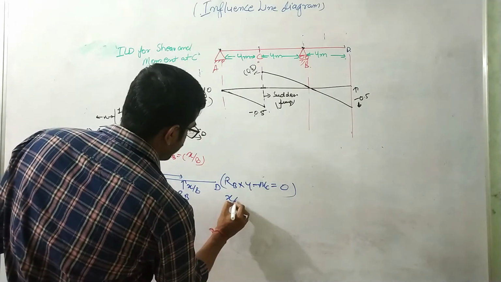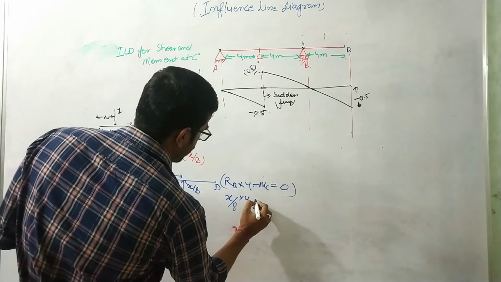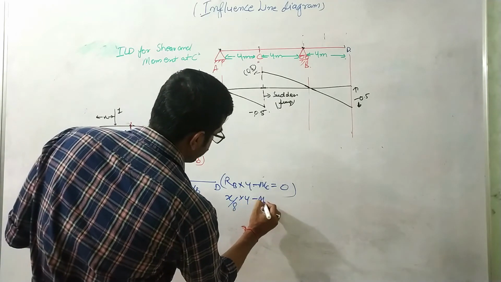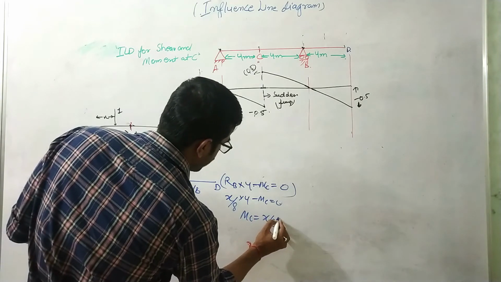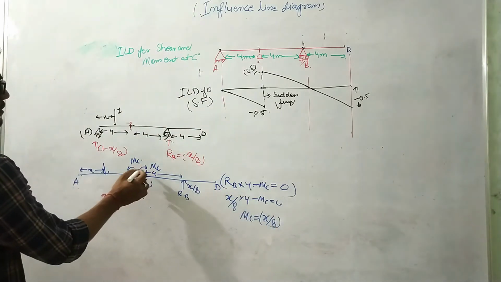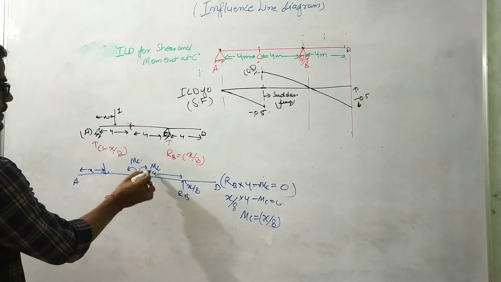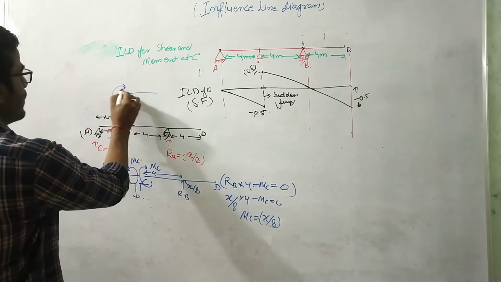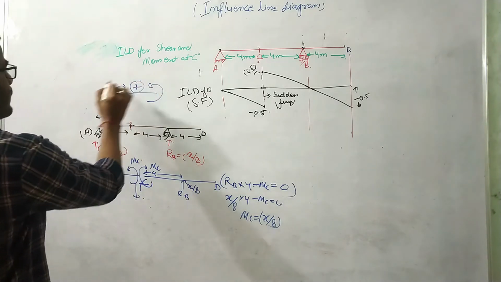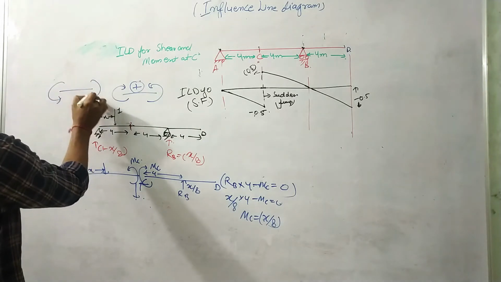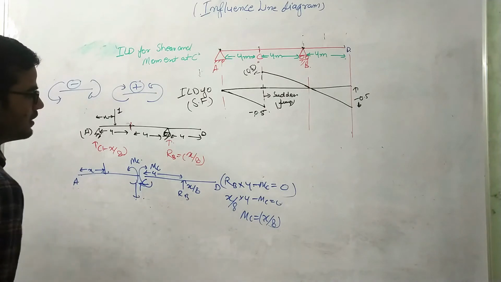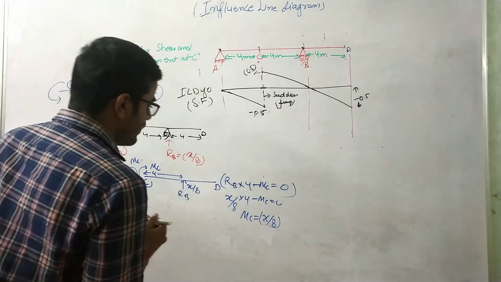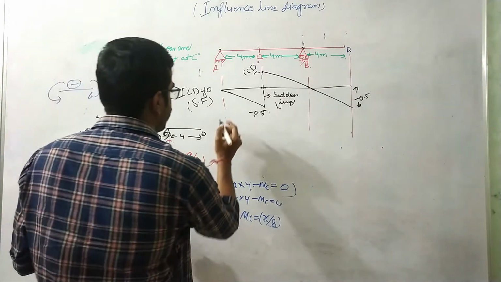RB is x by 8 into 4, minus MC equals 0. So I can write MC equals x by 8. And the direction of MC is coming positive. These moments are producing sagging, so these are considered positive bending moments. These are considered negative bending moments, right? So this is our sagging case. So this moment MC is positive, right? So MC is equal to x by 8.